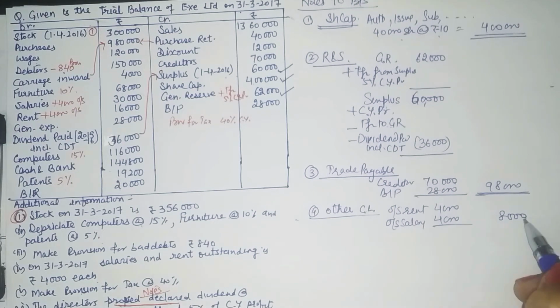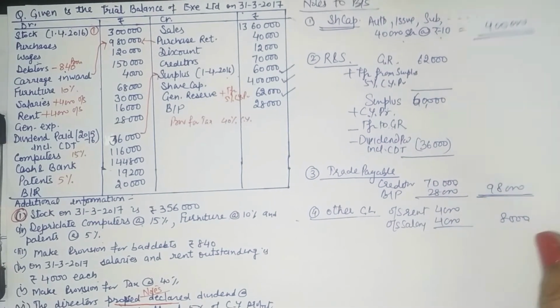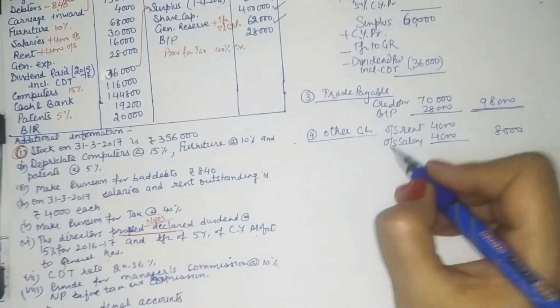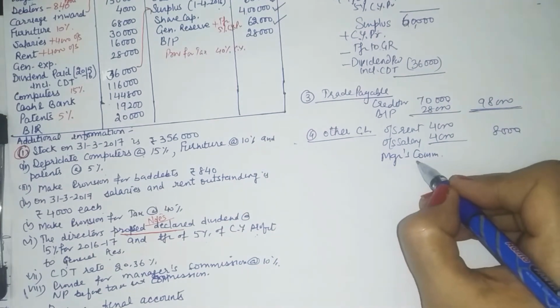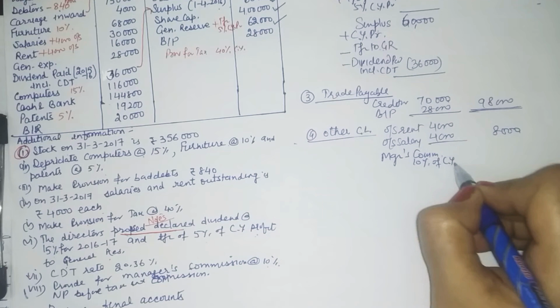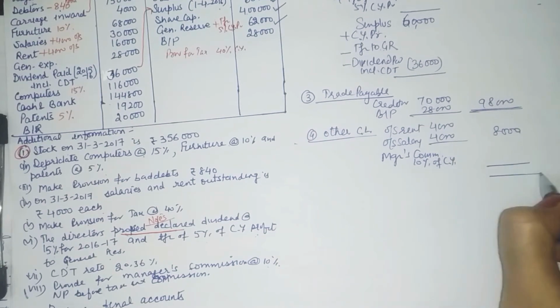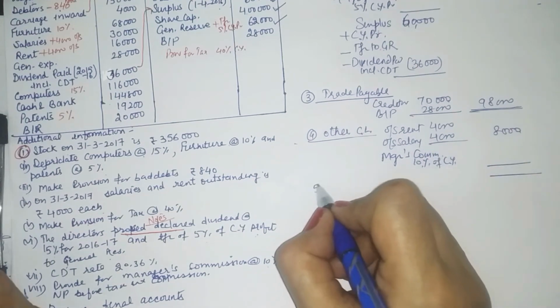Alright, and any other liability herein? Yes, manager's commission. We were given that provide for manager's commission at the rate of 5%. So manager's commission is to be provided at the rate of, sorry, not 5, it is 10% of current year profit before tax. So we need to calculate this. So we are left here. Leave it.